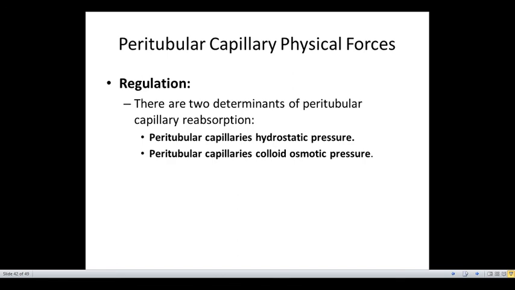Regulation. There are two determinants of peritubular capillary reabsorption. Number one is the peritubular capillaries hydrostatic pressure, and number two, peritubular capillaries colloid osmotic pressure. So hydrostatic pressure and colloid osmotic pressure are the two determinants which regulate the reabsorption into the peritubular capillaries.